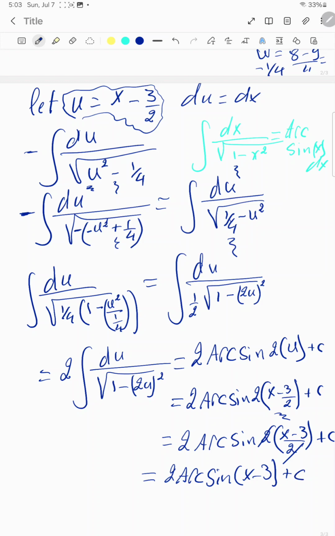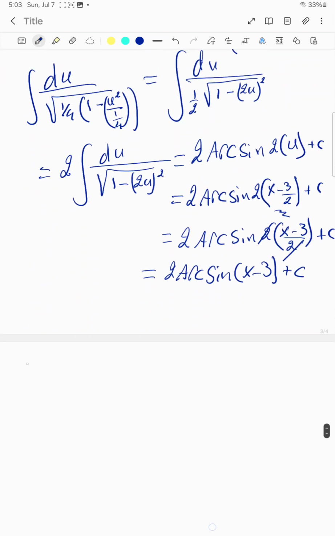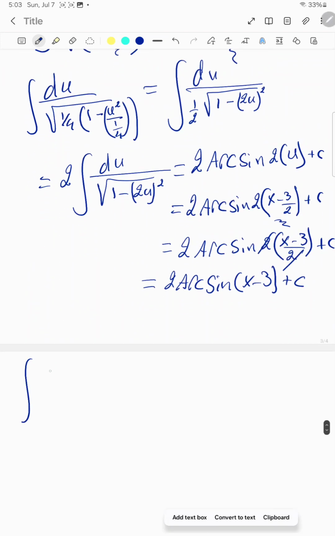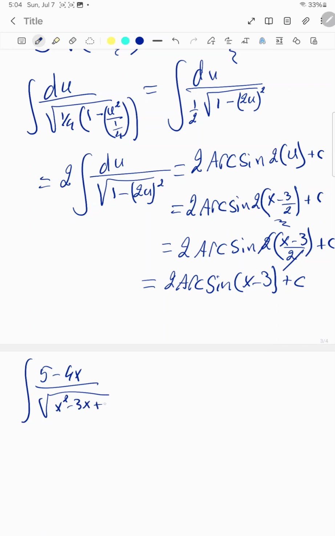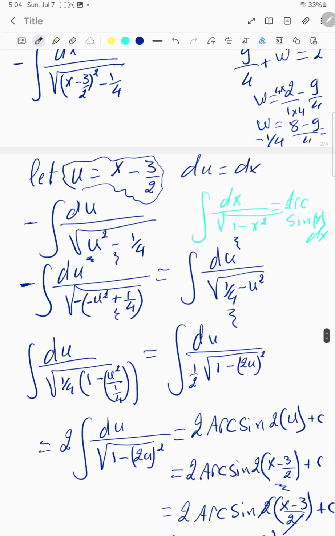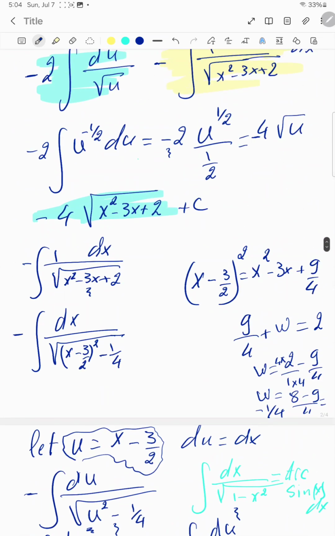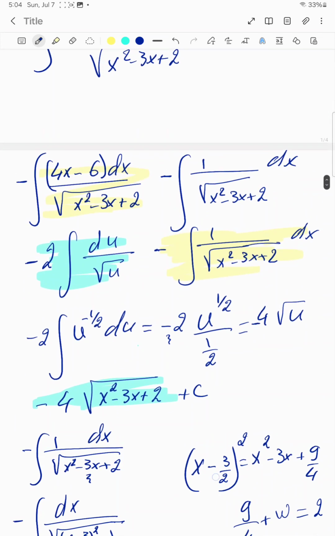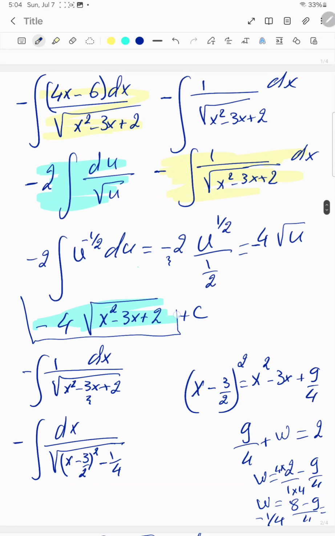And my final solution would be, let's rewrite everything: the integral of 5 minus 4x divided by the square root of x squared minus 3x plus 2 dx is equal to, the first integral that I solved and highlighted was this here.